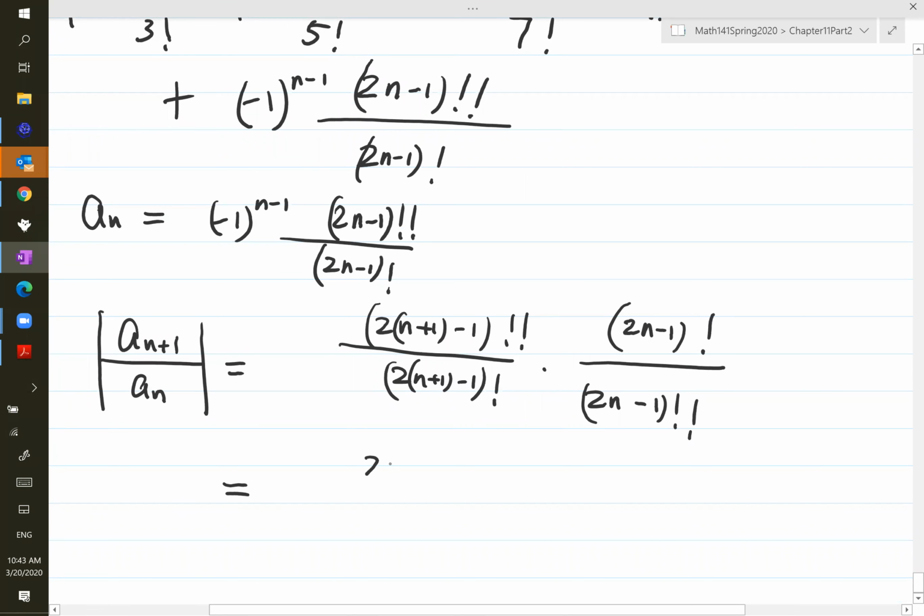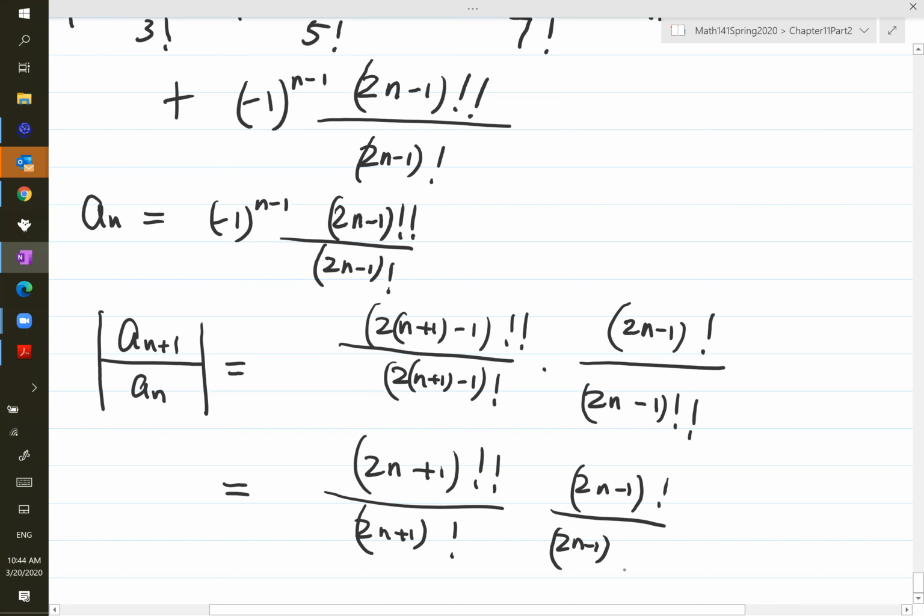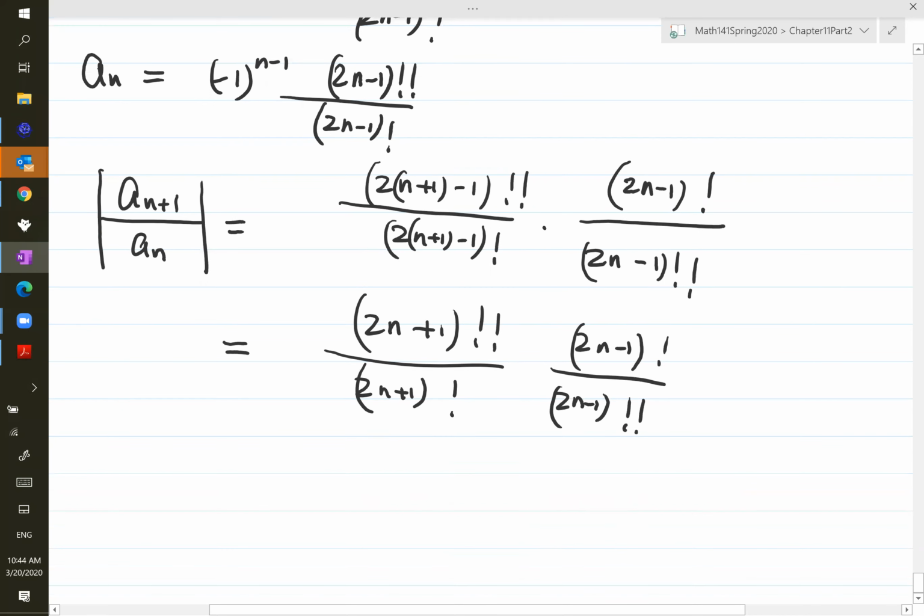The double factorial cancels with the remaining last factor, 2n plus 1.